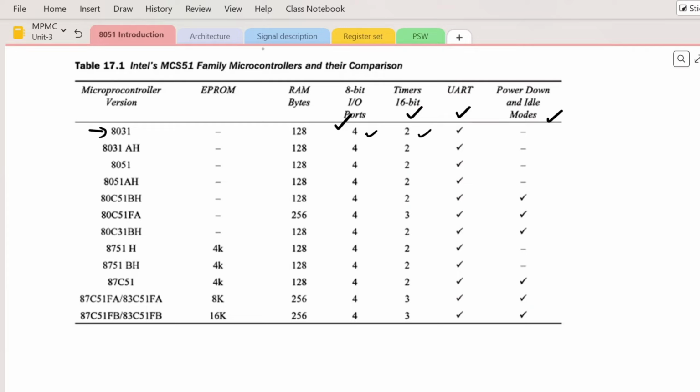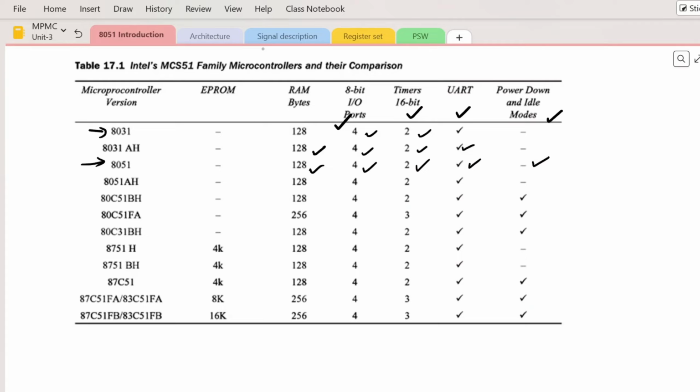The next version is 8031H. In this also we have 128 bytes of RAM, 4 8-bit IO ports, 2 timers, and UART is available, with no power saving mode. Now this is 8051. There is no on-chip EEPROM but RAM is 128 bytes, 4 8-bit IO ports, 2 16-bit timers and UART, and no power saving mode. Next we have 8051AH.